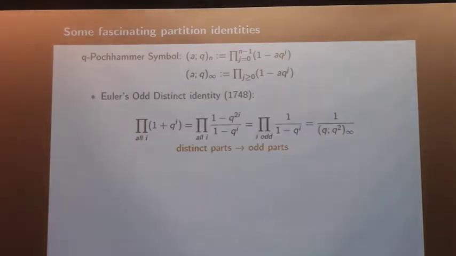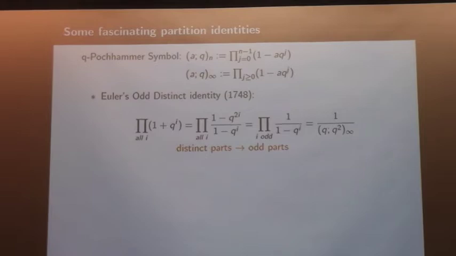Okay, so probably the oldest partition identity is Euler's distinct-odd identity, discovered and proved in 1748. The identity states that the number of ways to partition an integer into distinct parts is equal to the number of ways to partition that same integer into odd parts.